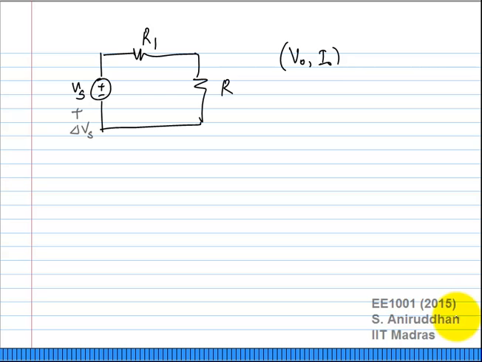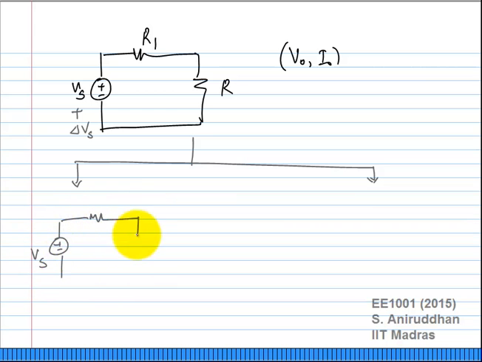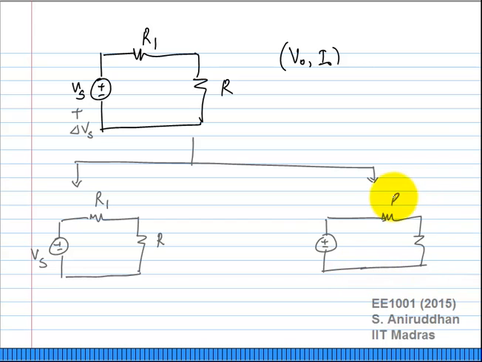You can do it in many ways. Of course, you can solve the complete network with Vs plus delta Vs, or you could apply superposition and say I apply only delta Vs. So I can split this up into two parts, one part has only Vs, the second part has only delta Vs, and I then add the two results to get me the final solution, right?